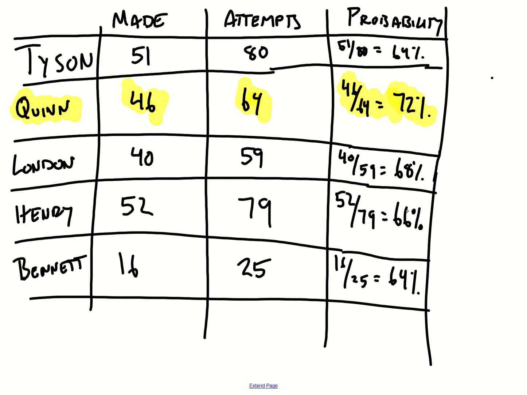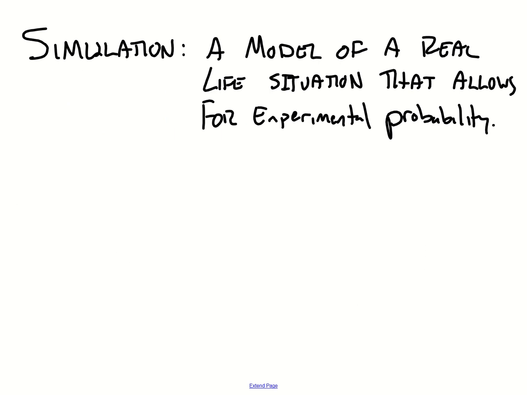Henry makes 66% of his shots. 66% is like 2 out of 3. Okay, so Henry makes about 2/3 of his shots. So if I were to take that and say Henry makes 2/3 of his shots, I'm going to see out of the next 10 shots, can Henry make what he's supposed to make?